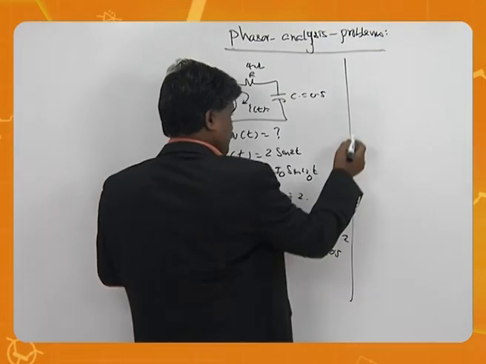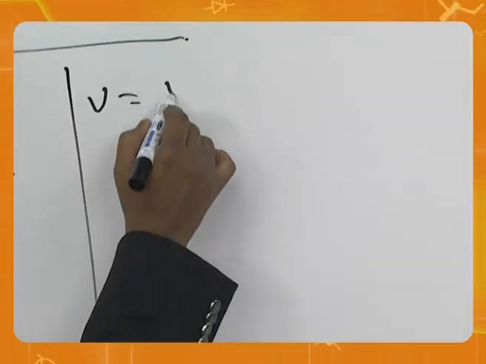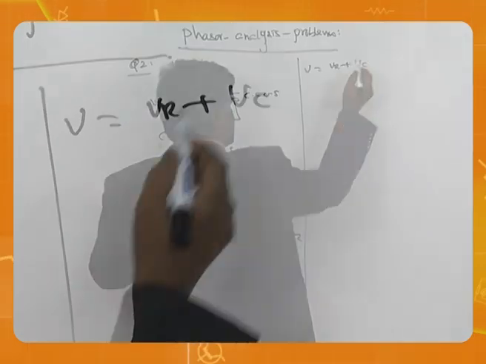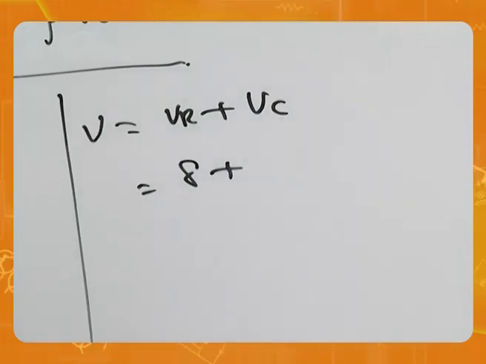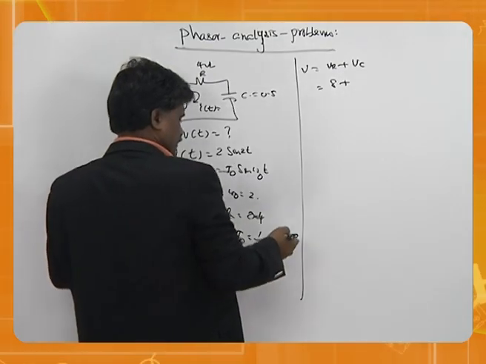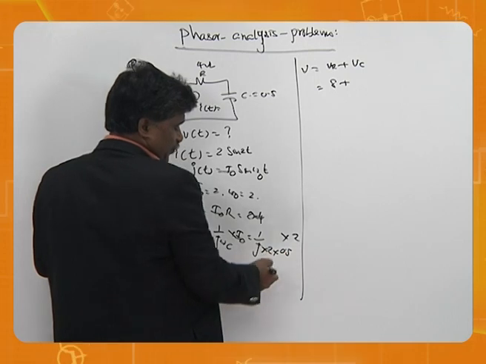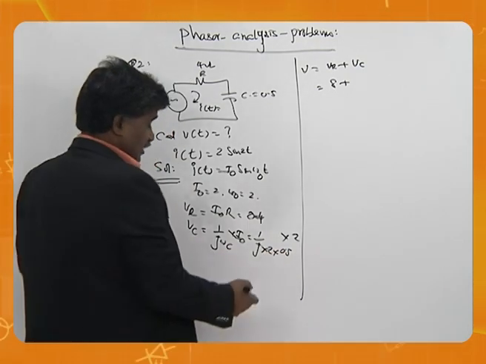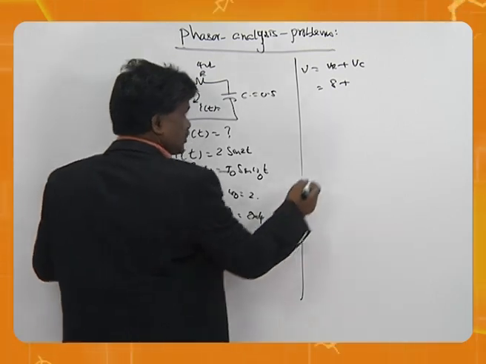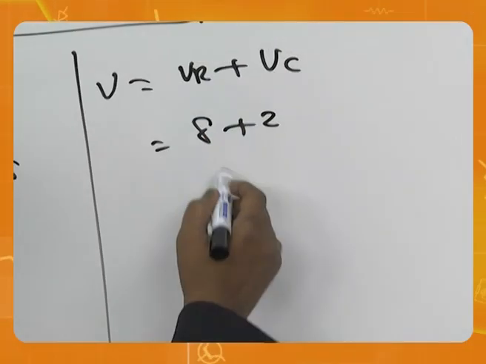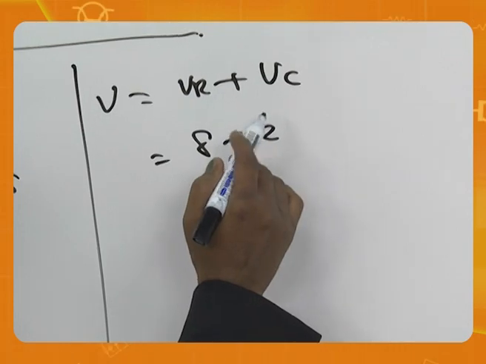Therefore, V is equal to VR plus Vc. That is 8 plus this 2 into 0.5, the 2 cancels, and this goes up and becomes 2j. The j becomes minus there.